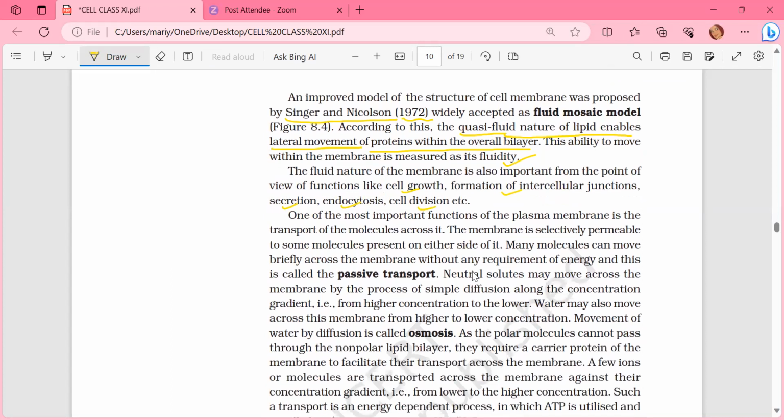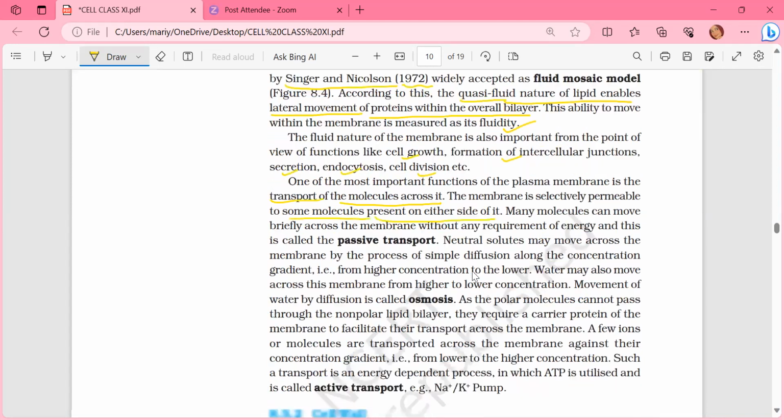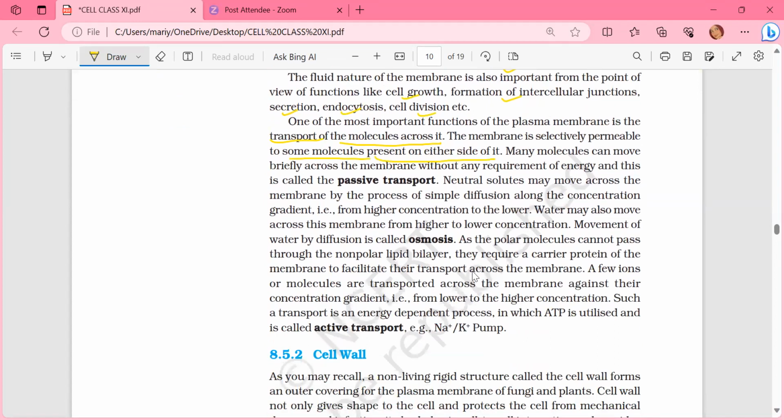Now, one of the most important functions of the plasma membrane is the transportation of molecules across it. The membrane is selectively permeable to some molecules present on either side of it. Many molecules can move across the membrane without any requirement of energy.